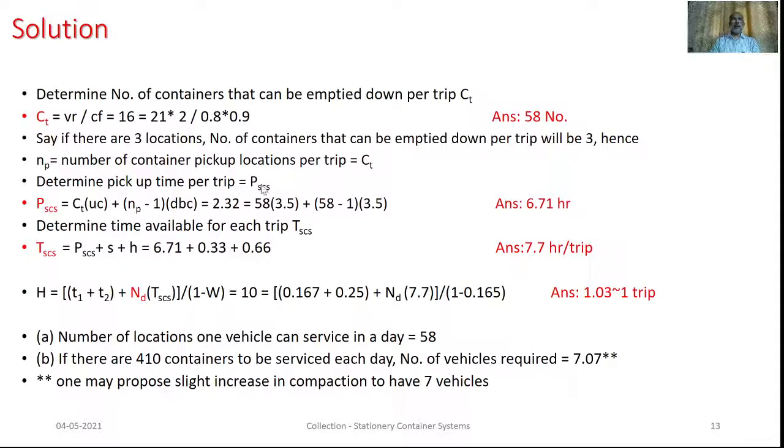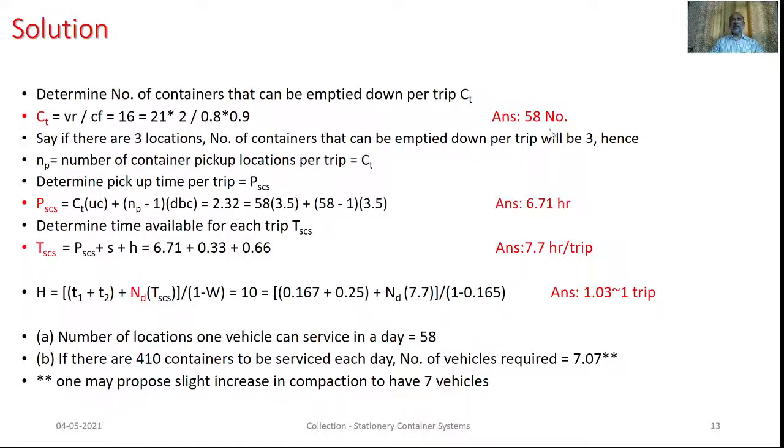Hence, we can work out PSCS as 6.71 hours. By making use of the same, we can determine the time available for the trip as 7.7 hours. And lastly, how many trips could be performed per day can be worked out as 1.03, which is considered to be 1.